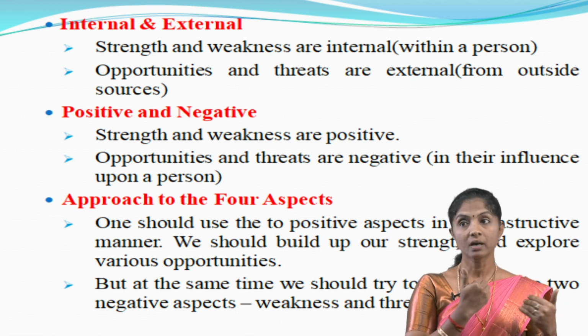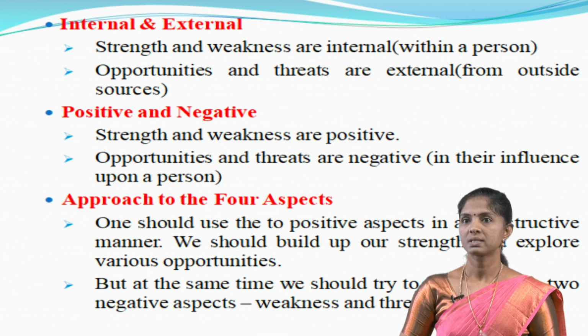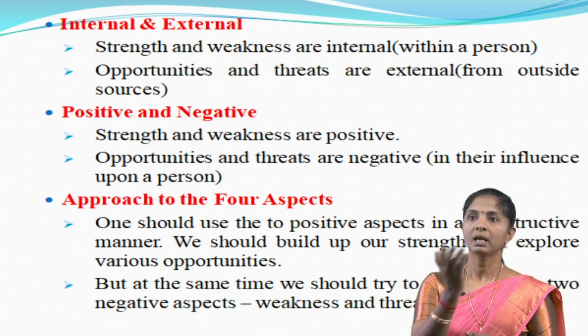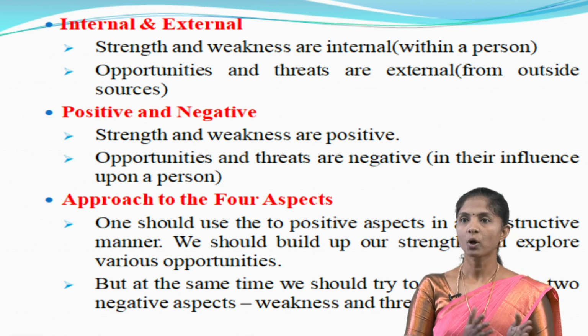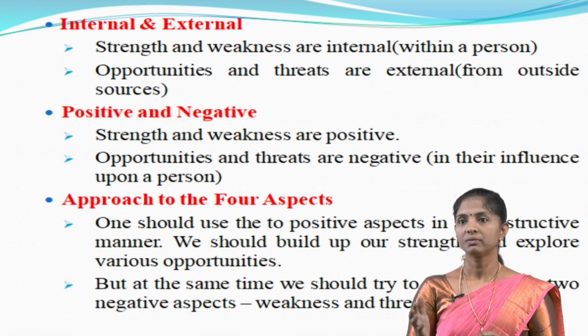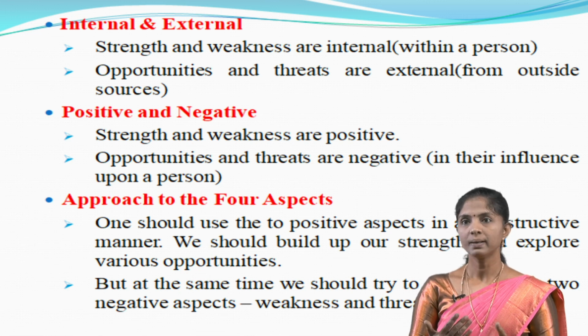Strengths and weaknesses are internal aspects, that is, they are within a person. On the other hand, opportunities and threats are external, they come from outside sources. Positive and negative aspects: it is also clear that strengths and opportunities are positive, and weaknesses and threats are negative in their influence upon a person.